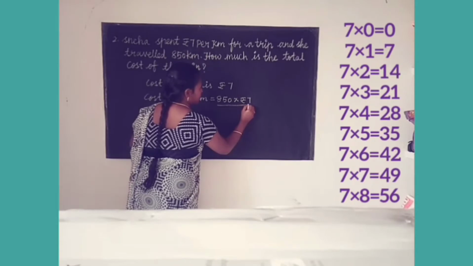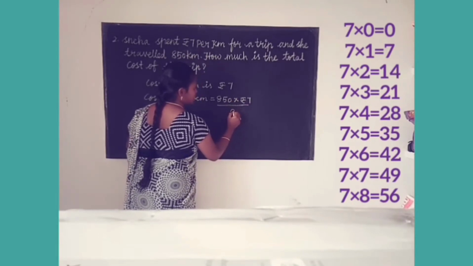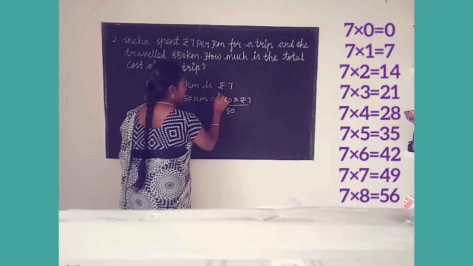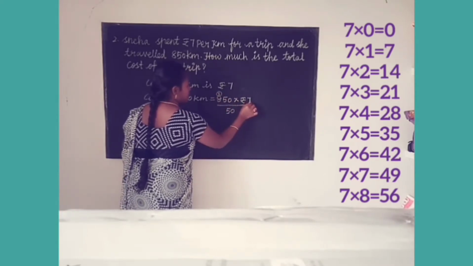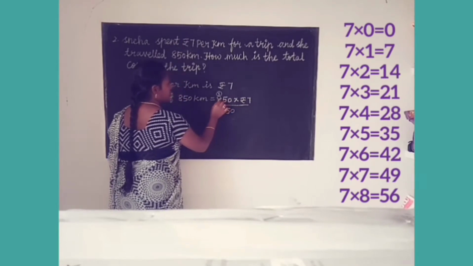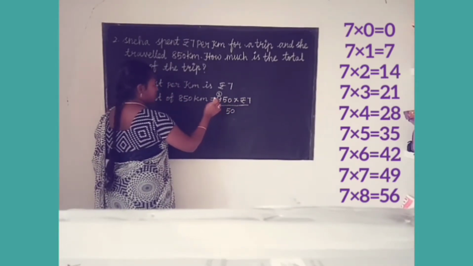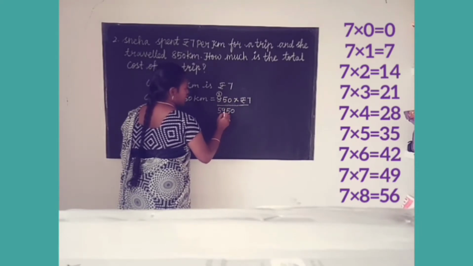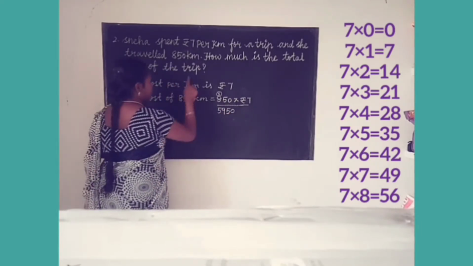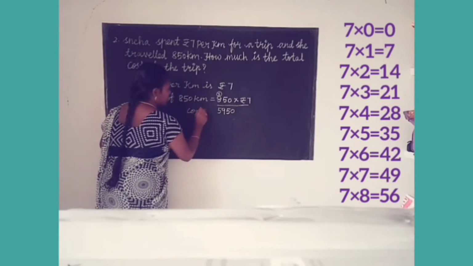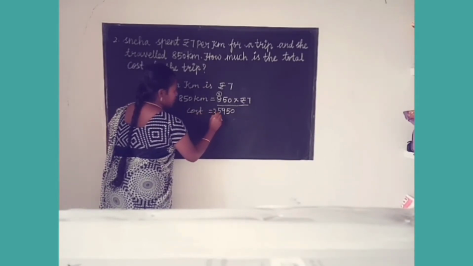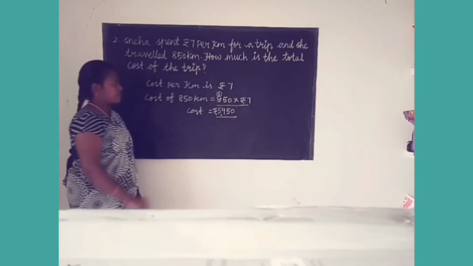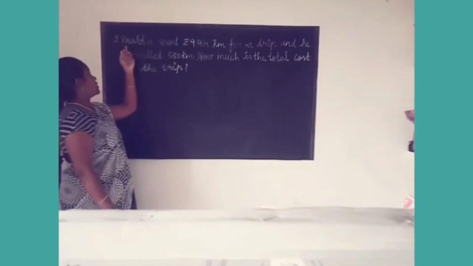Now multiply the value. 7 into 0, 0. 7 5s are 35, 5, carry 3. Next 7 8s are 56. 56 plus 3, 59. So the total cost value is equal to rupees 5,950.